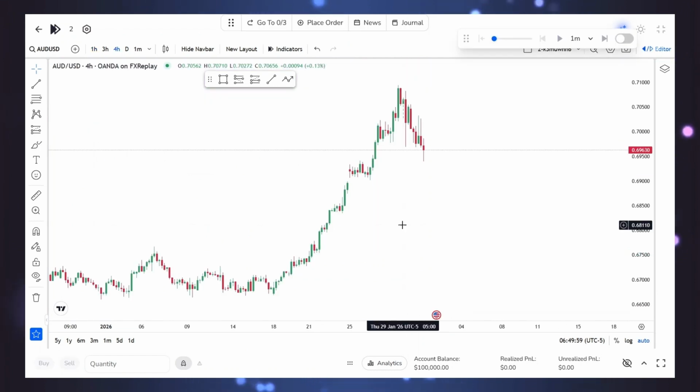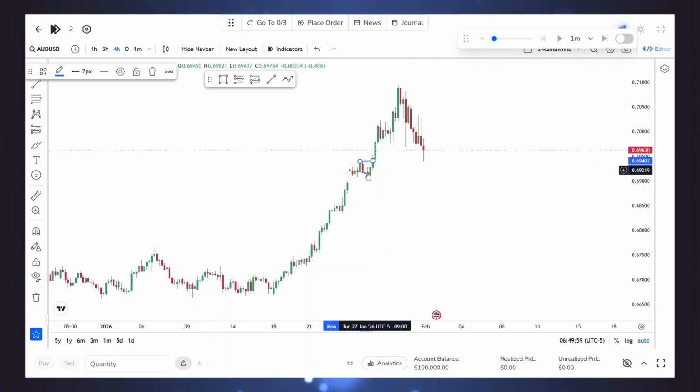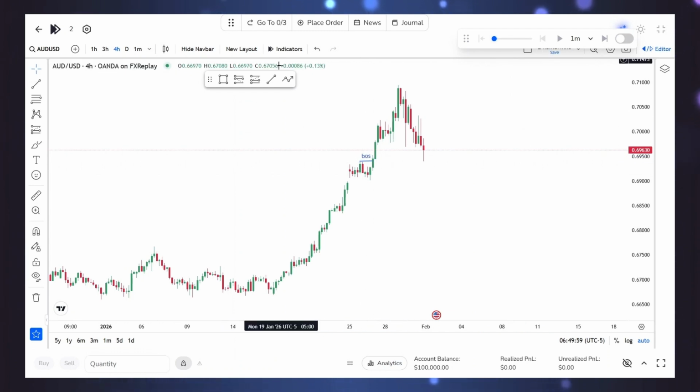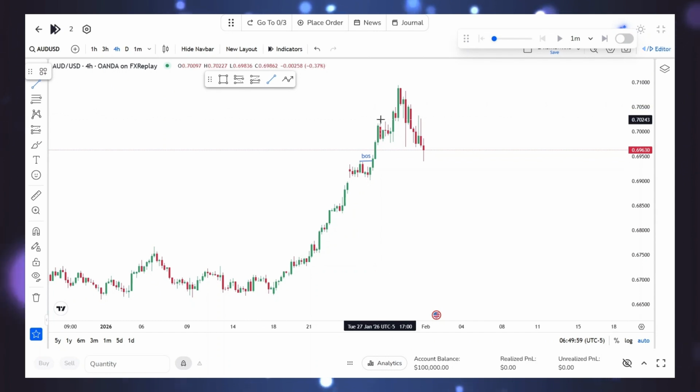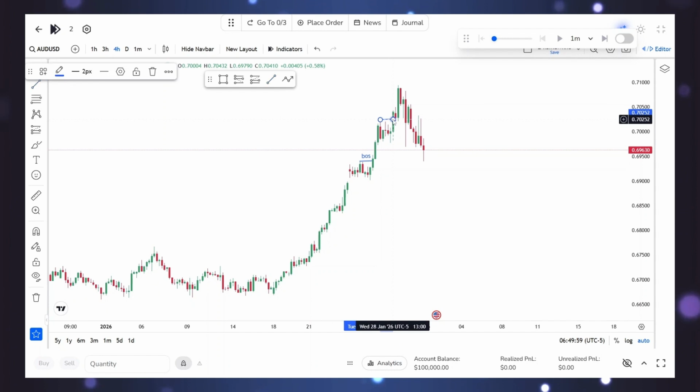So this is the AUD/USD chart. Same applies here. We mark out our break of structures. We have a break of structure here, BOS. Okay, BOS. We have another break of structure here. All right.